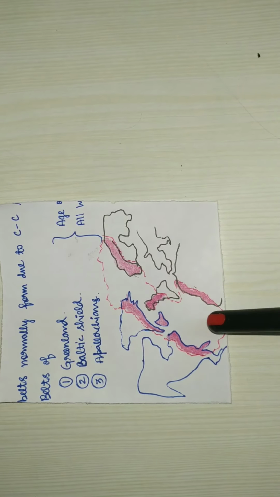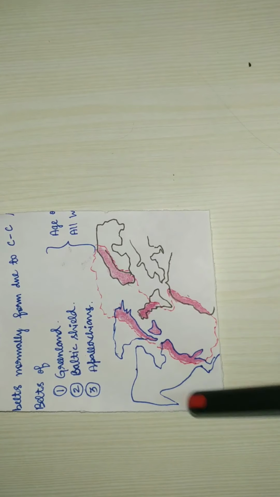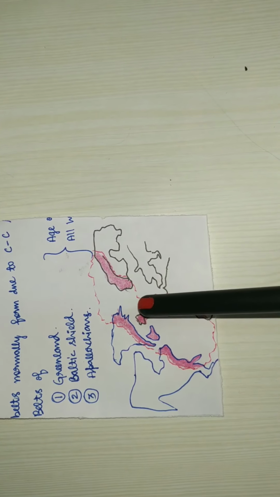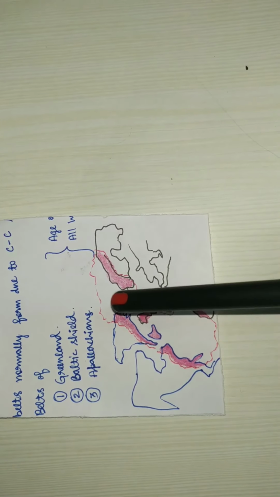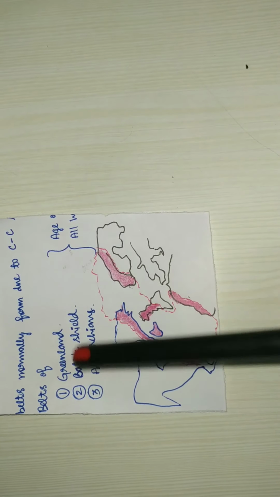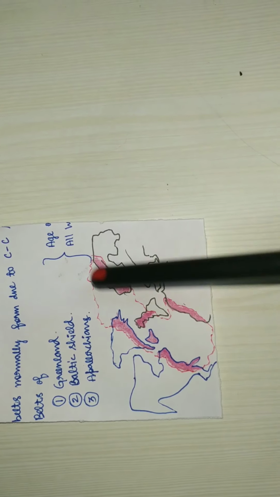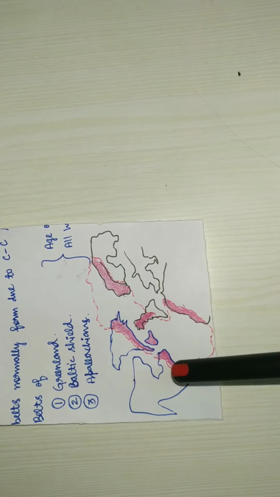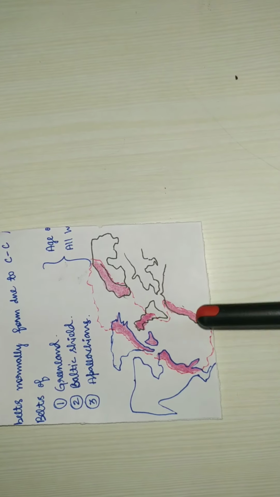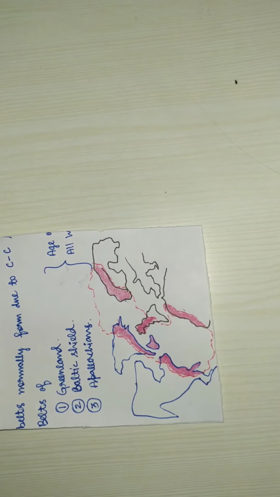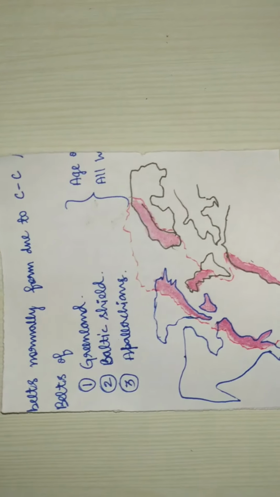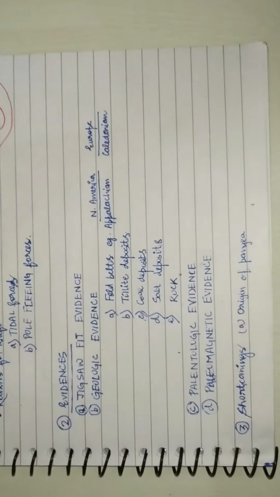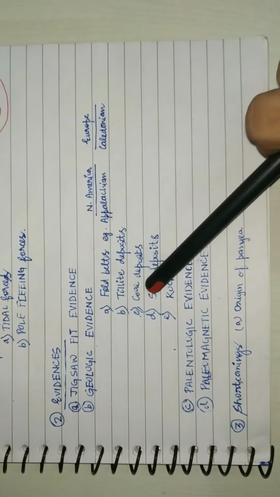If you see clearly, the Scotland area, Ireland, the Green Belt, Greenland, the Baltic Shield, the Appalachians, these all are of the same age and they all have a similar linear trend.